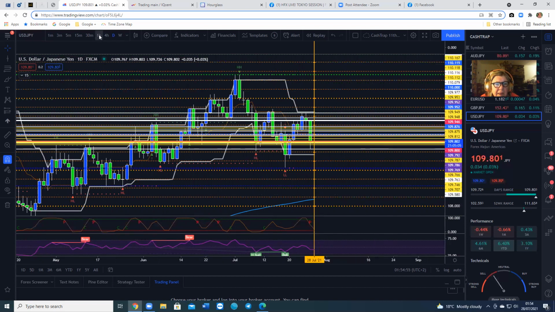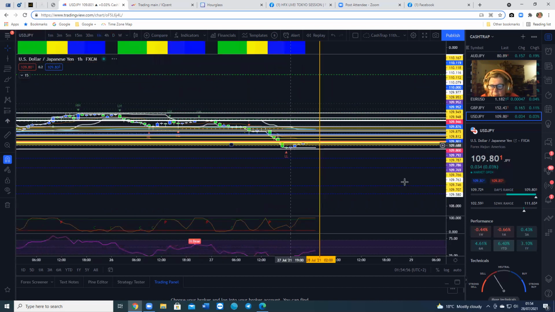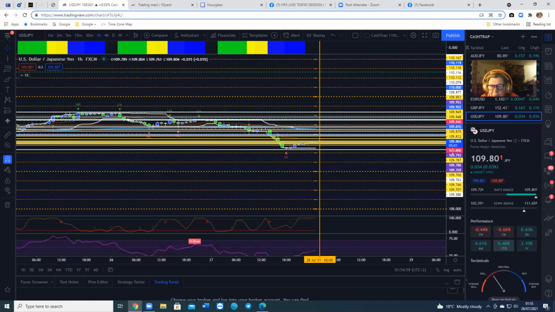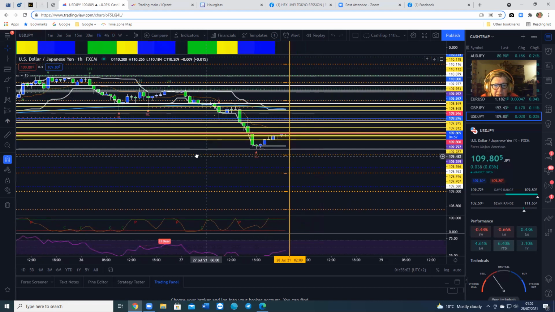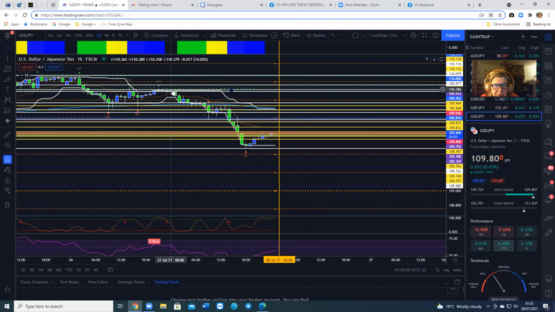And if we look on the hourly, starting to come down to the levels, areas where we trade on the 5 minute, you can see that yesterday it pretty much dropped the entire day, and then in New York did a little bit of a retrace back up here, but we know it's still in a downward trend.